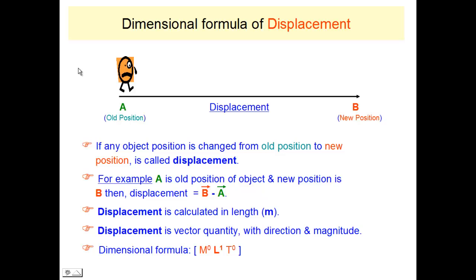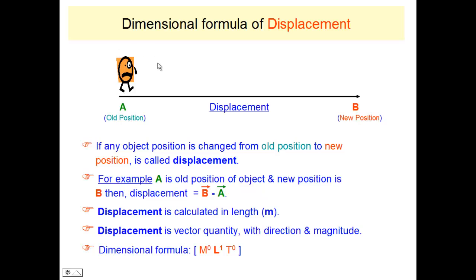Now next, what is the dimensional formula of displacement? First we understand the definition of displacement. If an object's position changes from an old position to a new position, it is called displacement.